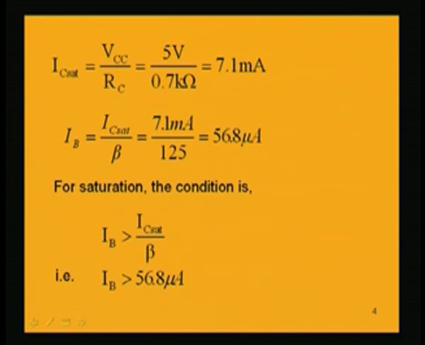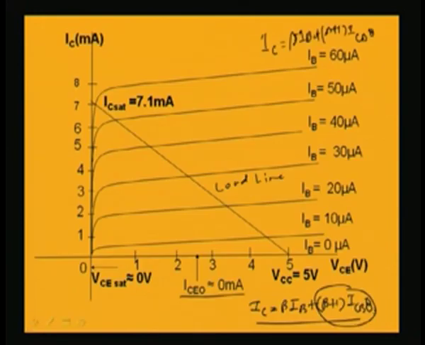That gives 56.8 microampere. So, if IB is equal to 56.8 microampere or more, the transistor is in saturation, because this is the maximum value that the collector current can have in this circuit when VCE is equal to 0.